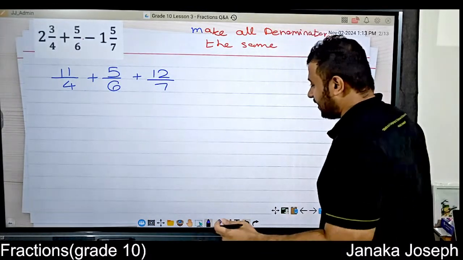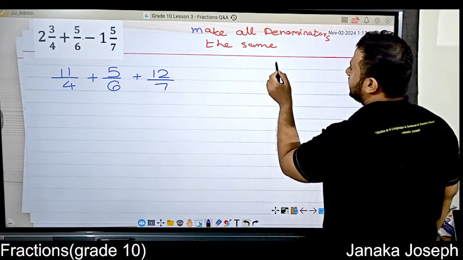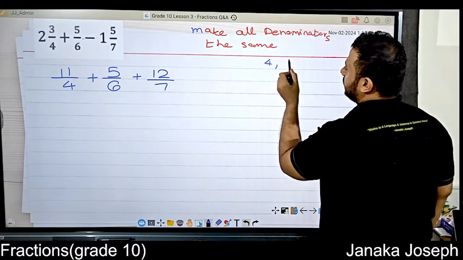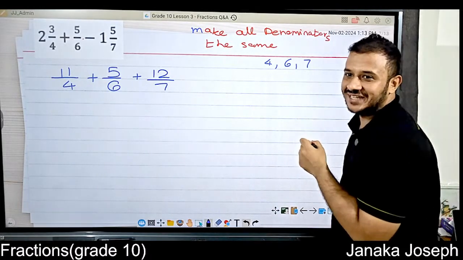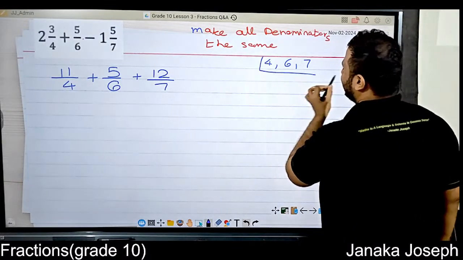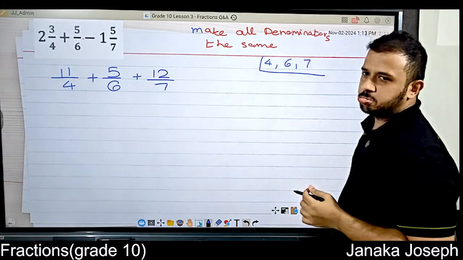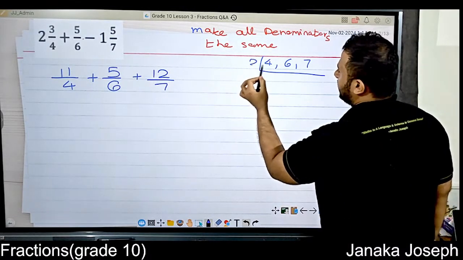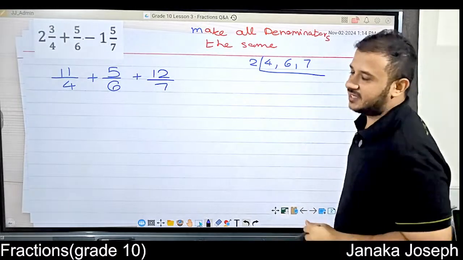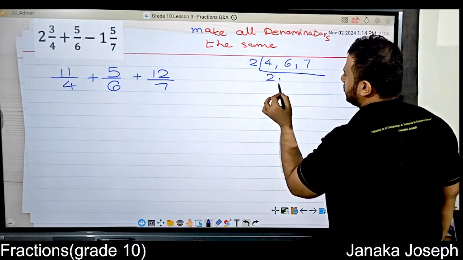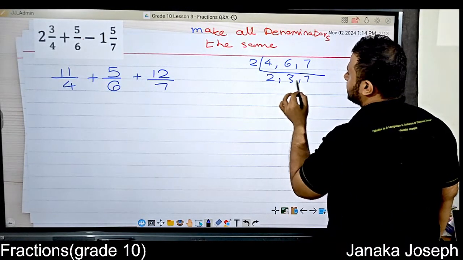In case you don't know how to find the lowest common multiple, this is how we do it. We write down 4, 6, 7. Are there any common numbers I can divide all of them by? Not really. So we can divide by the smallest number we can, which is 2. That's a 2 here, 3 here, and a 7.